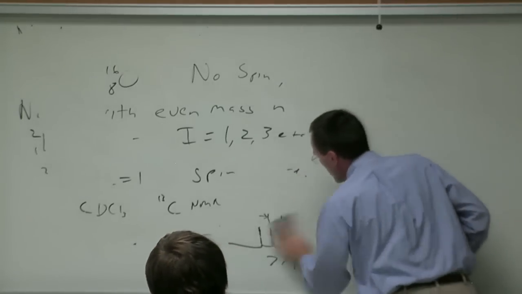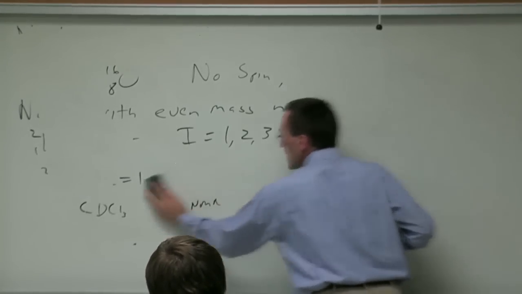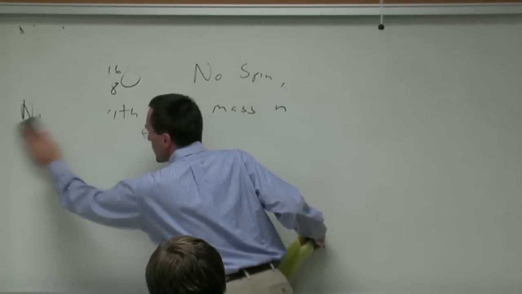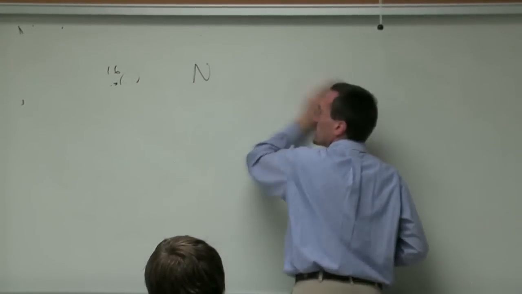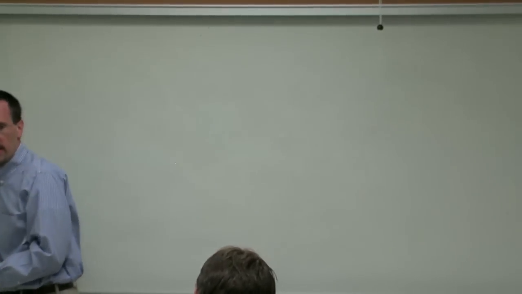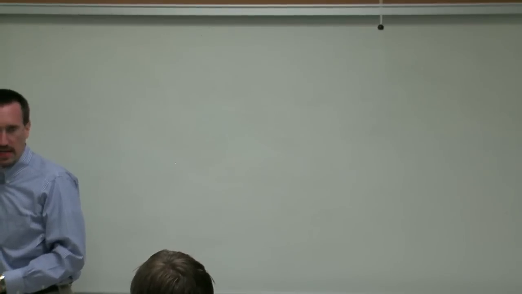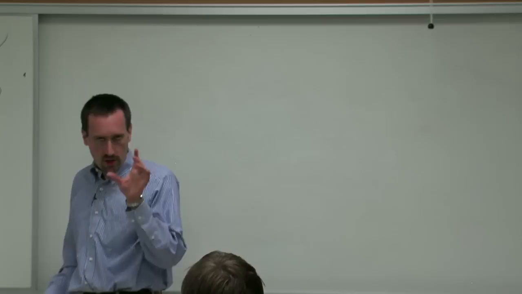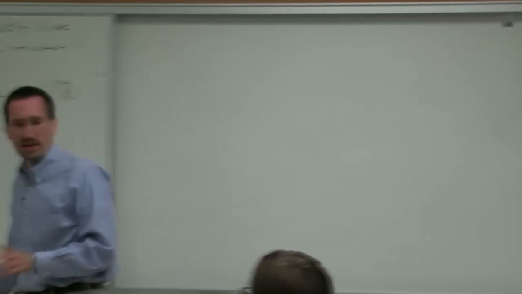And later on, when we start to talk about 2D techniques like HMQC and HMBC, terms like J1CH, J2CH, and J3CH, in other words, 1 bond, 2 bond, and 3 bond carbon-hydrogen couplings, will become very important in structure determination.